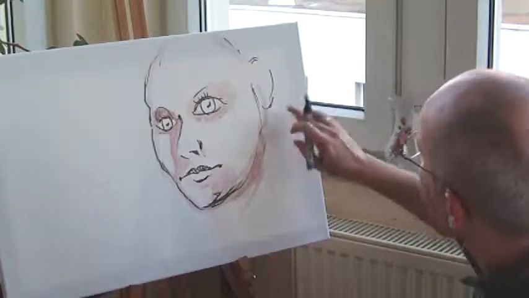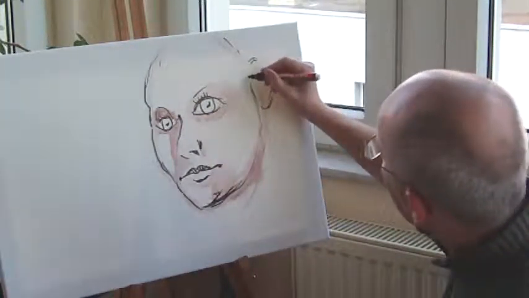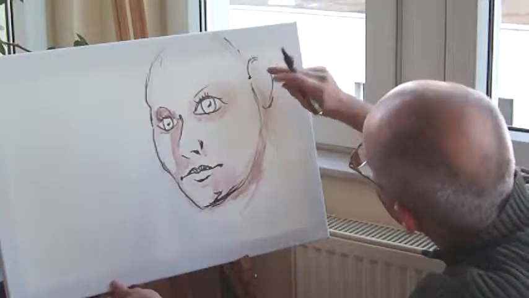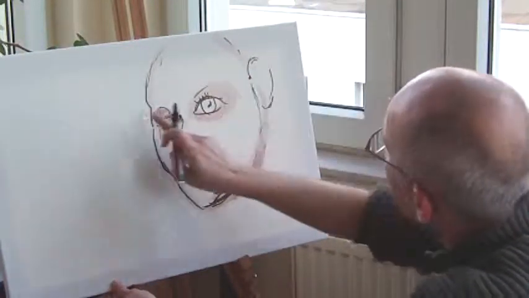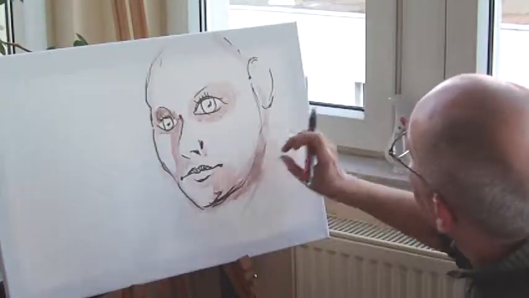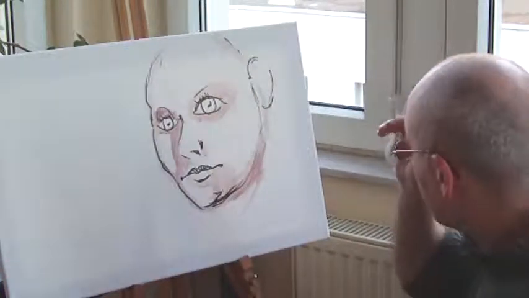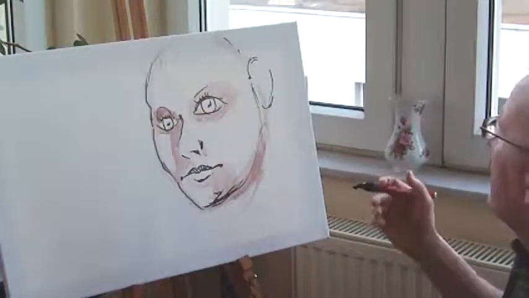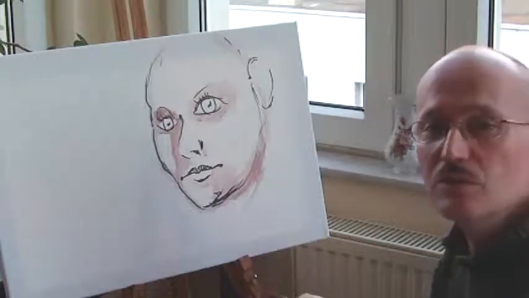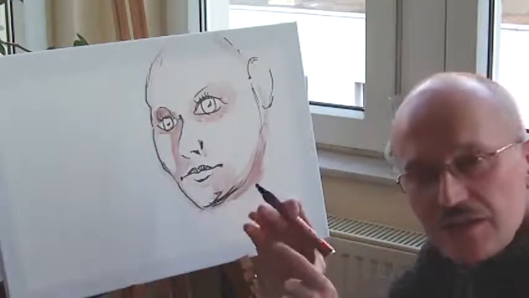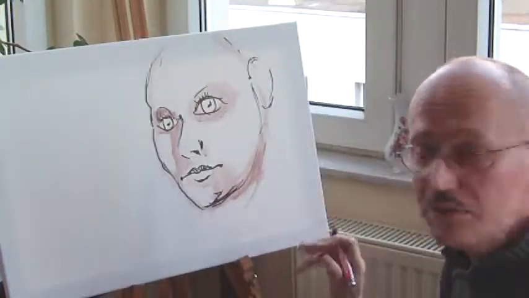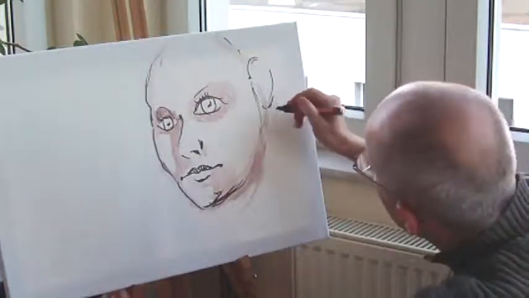So it's just about knowing that the ear starts here and it's in one curved line with the eyes, and it's a bit bigger than an eye. If you're copying a photograph, then you just have to look closely from where to where it really goes, and then that makes the decision.